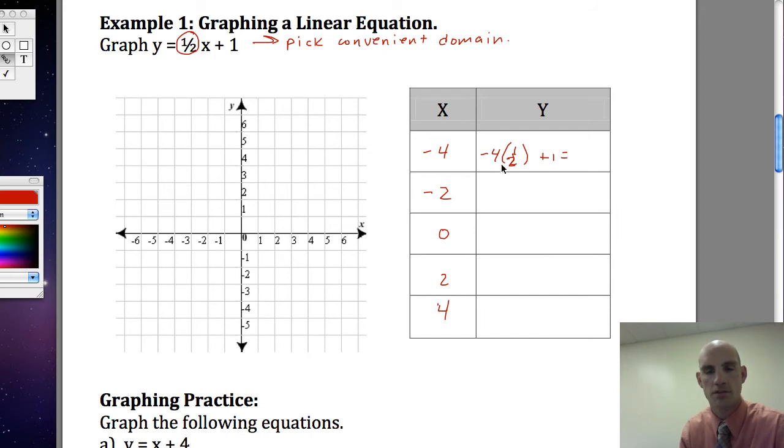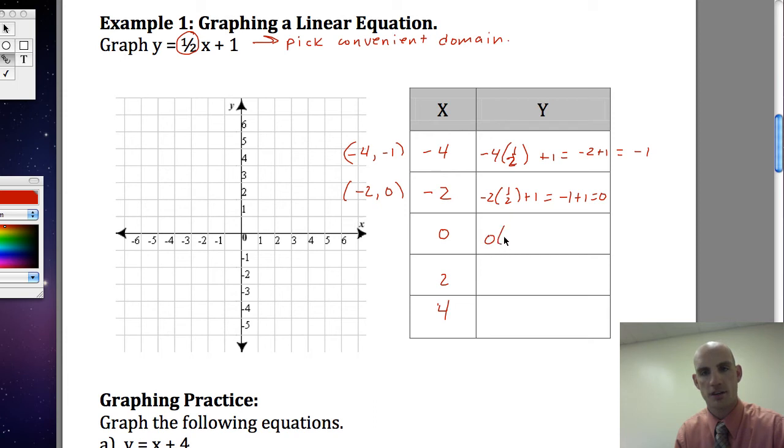-4 times 1/2 plus 1 equals. So half of -4 would be -2, so -2 plus 1 equals -1. So my first ordered pair is going to be -4, comma, -1. What about -2? So -2 times 1/2 plus 1 equals -1 plus 1 equals 0. So my second ordered pair is -2, comma, 0. What about 0? 0 times a half.